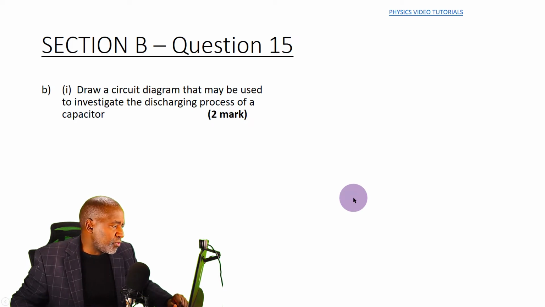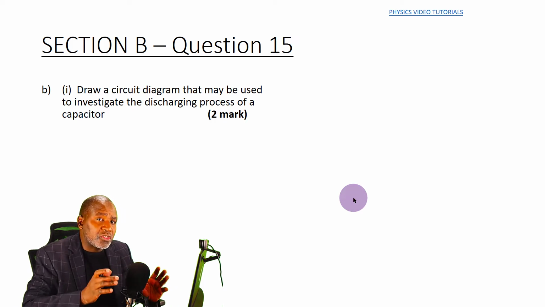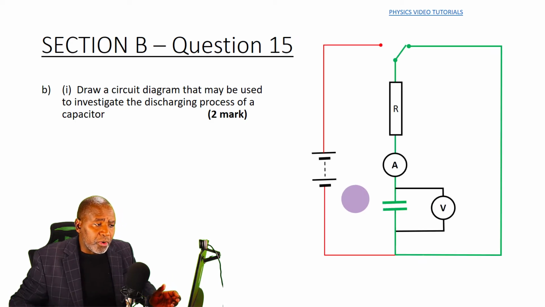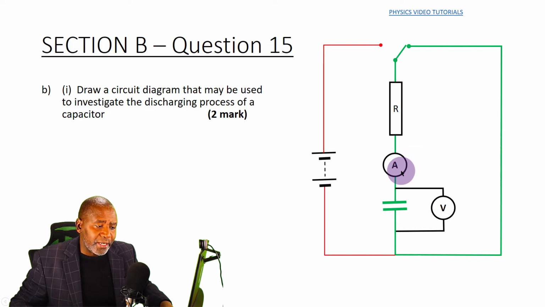Part 2, we are asked to draw a circuit diagram that may be used to investigate the discharge process of a capacitor. Now, the process of discharging a capacitor cannot be isolated from the process of charging it. So I've shown both circuits, whereby when this toggle switch is on this side, it enables us to record the current and the voltage during the charging process.